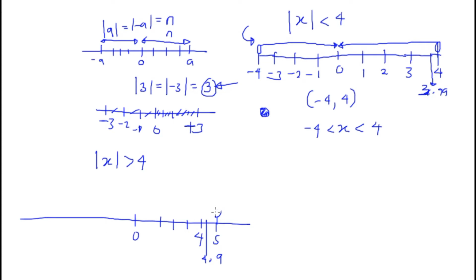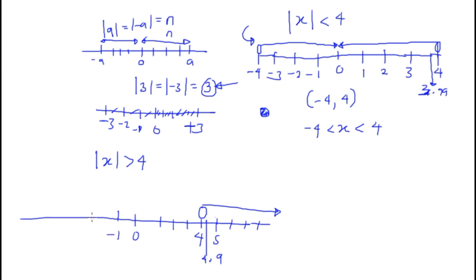Because it actually starts from 4 upward, but 4 is not included, that's why I'm not shading the circle. So from this point onward, their distance away from 0 will always be greater than 4.